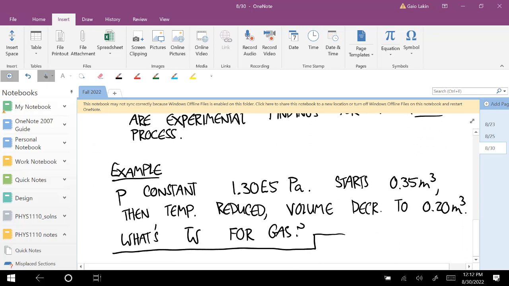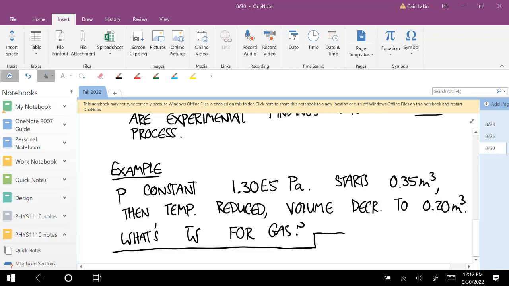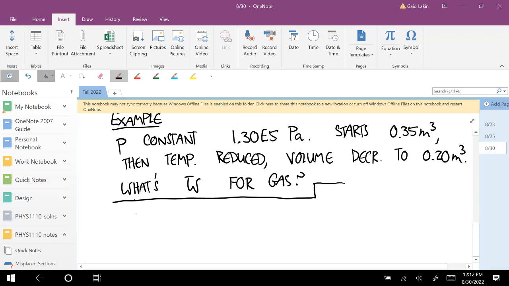All right, well, we're going to use the integral for the work of expansion for this. So work is the integral of P dV. We have P constant. That makes it easy. Our starting volume is 0.35. Our ending volume is 0.20. Our pressure is 1.30 times 10 to the fifth.